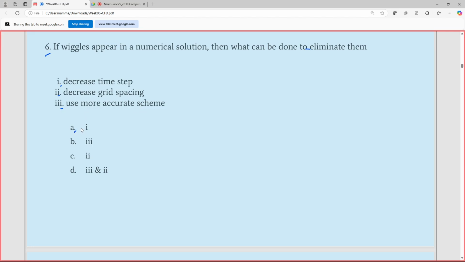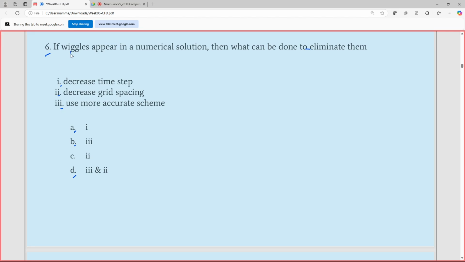Options are: option A, first condition only; option B, third condition only; option C, second condition only; option D, second and third condition. So suppose wiggles appear in a numerical solution, what can we do to eliminate them?